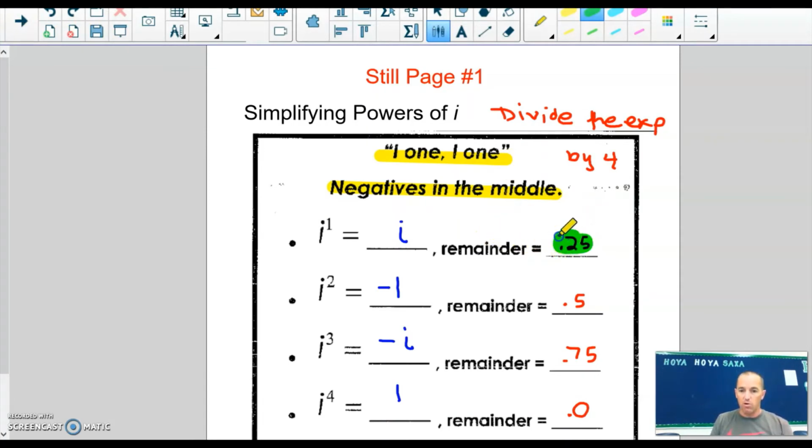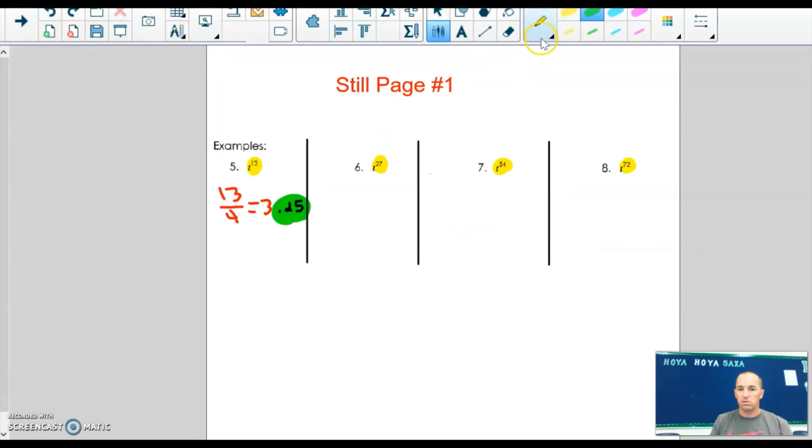So i to the 13th represents the simplified version called i. So our answer to i to the 13th, as we simplify it, is simply i.